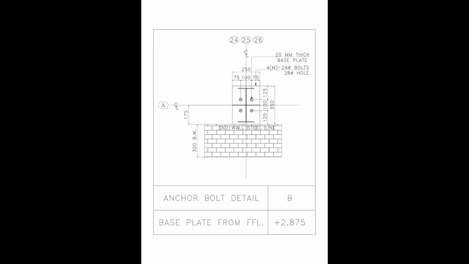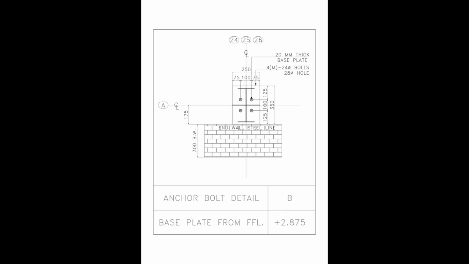This is anchor bolt detail B. Here, the base plate size is 250 by 350 millimeters. The arrangement again uses 4 M24 bolts with 28 millimeter diameter holes. This detail is positioned relative to the end wall steel line and the 300 mm brick wall.